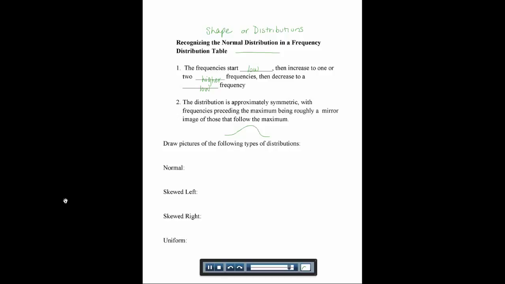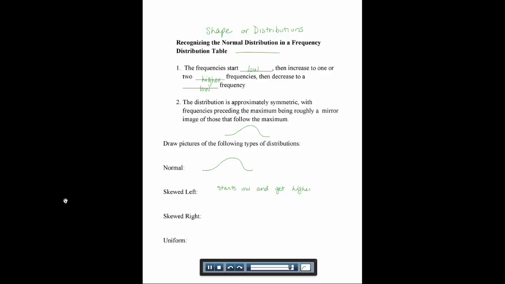Okay, so some different types of distributions. We just talked about normal, so a picture of that is, like I said, a nice bell curve. Okay, skewed left means we've got a tail to the left. And so this means our frequencies start low and get higher.